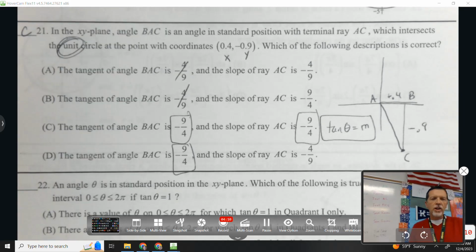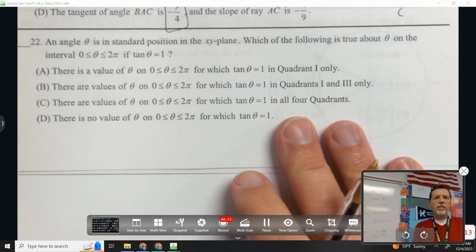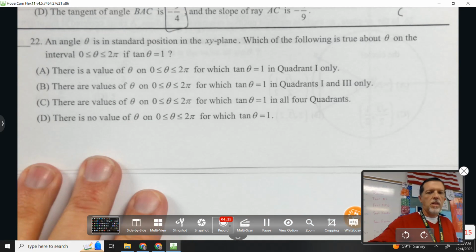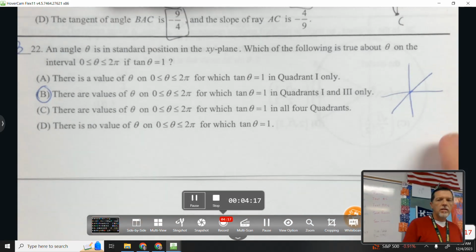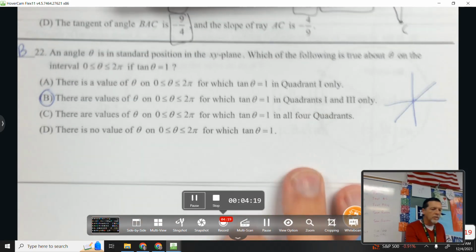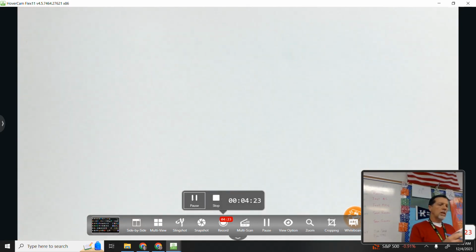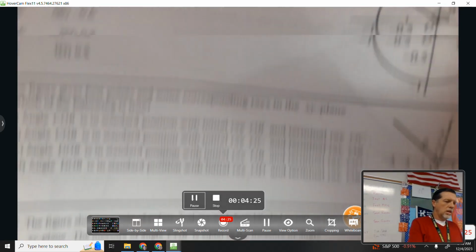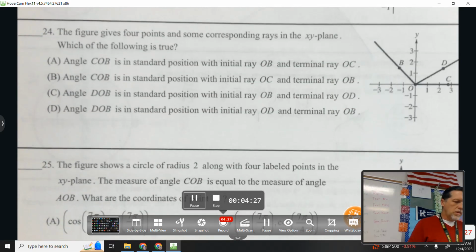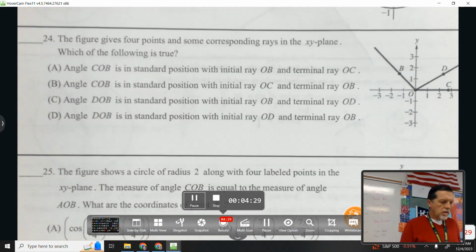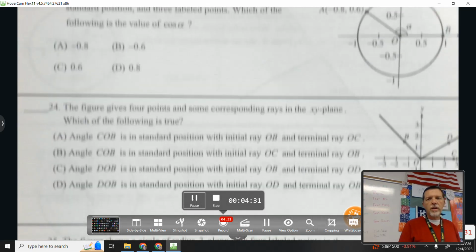All right, why don't you try number 22? So yeah, tangent is positive in quadrant 1 and 3. Try number 23.